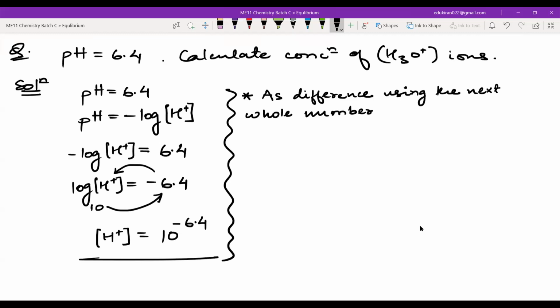Okay, next whole number. So what I want to do is write minus 6.4 equal to some x minus 7, right? So what will be this x? Tell me.